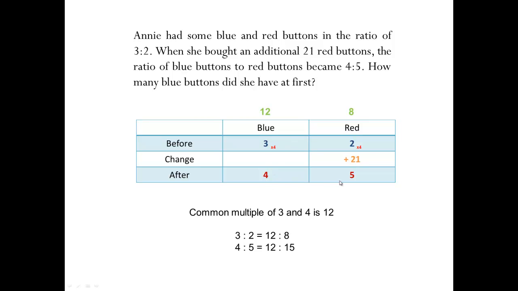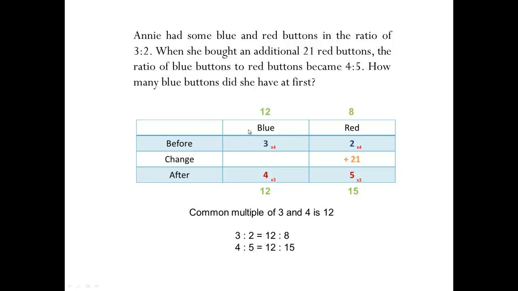Now for the ratio after, we are going to multiply by 3 each. 4 multiplied by 3 again is 12, and 5 multiplied by 3 is 15. Now we notice that in this situation, we have 12 and 12 for before and after.